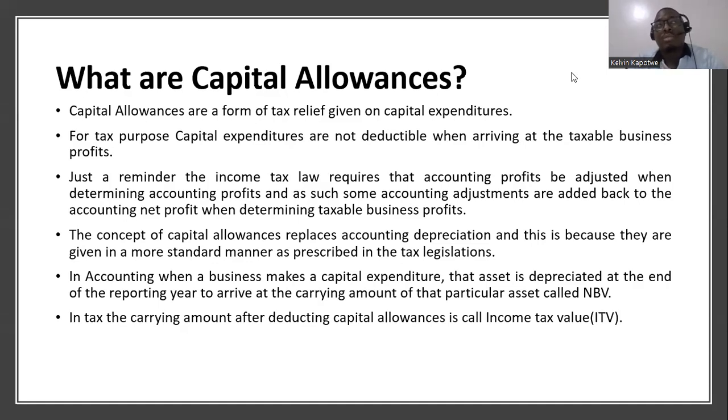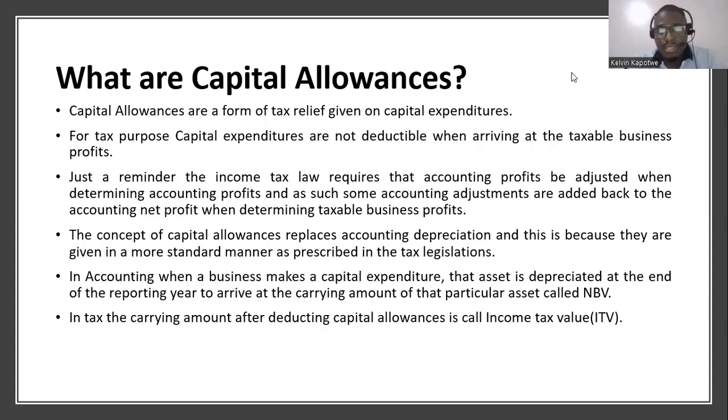Basically, when you're looking at taxation, the policies or rules that we use in the computation of accounting profits sometimes conflict with the tax legislation. For some reason, the taxman said, we can't rely on the accounting profits to determine how much we should levy on a particular business.